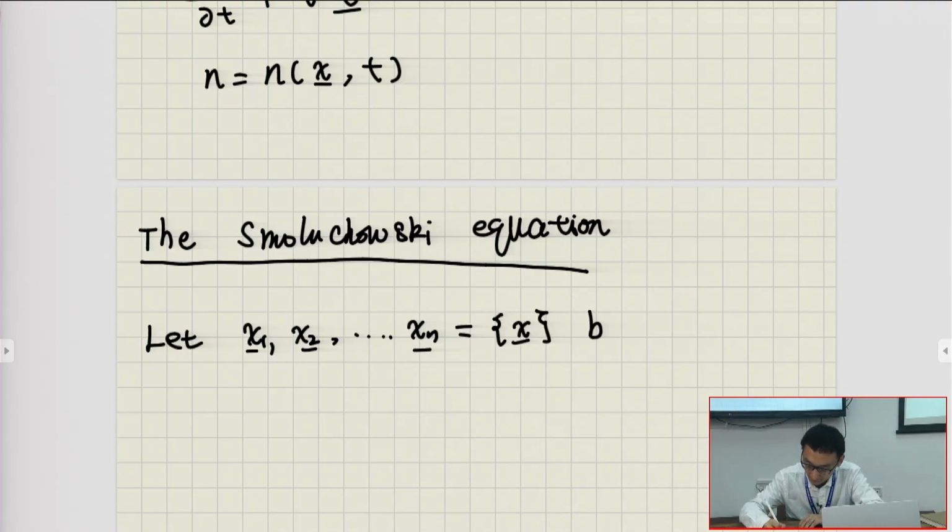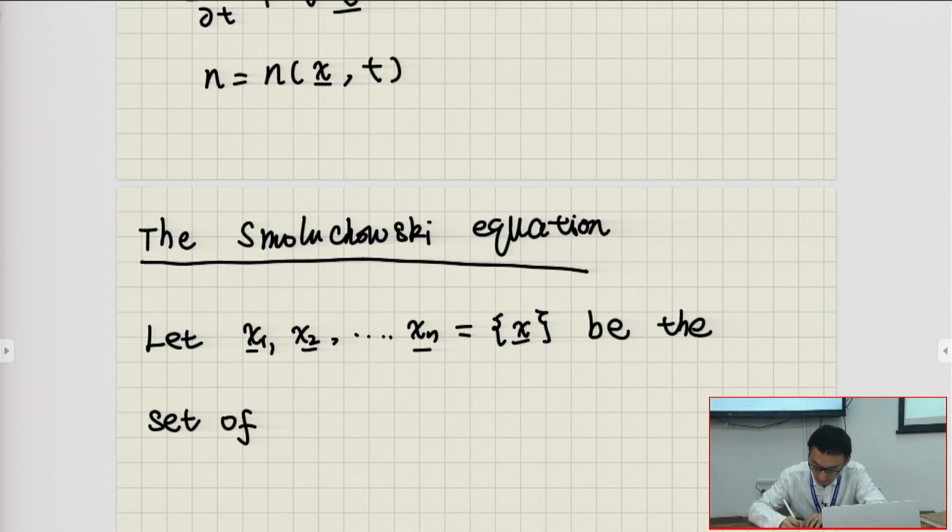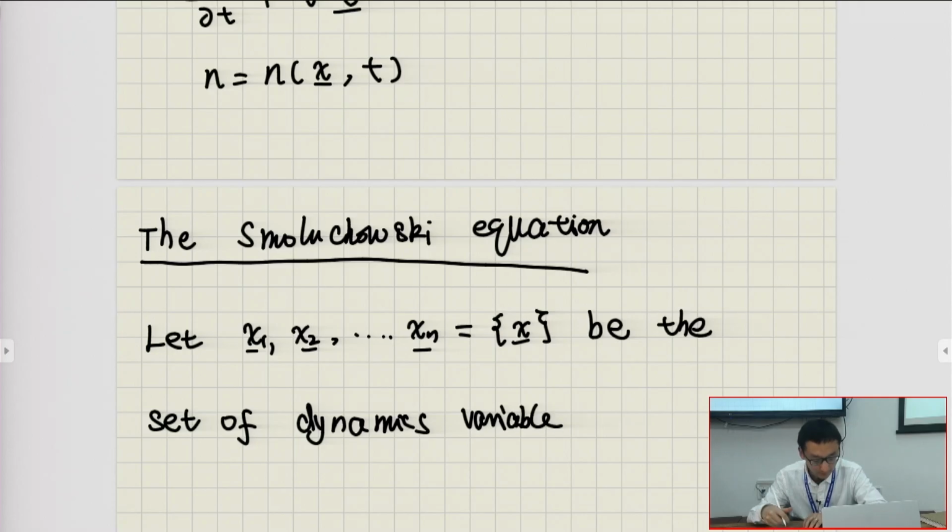So these would be the set of dynamic variables that describe the state of the system.